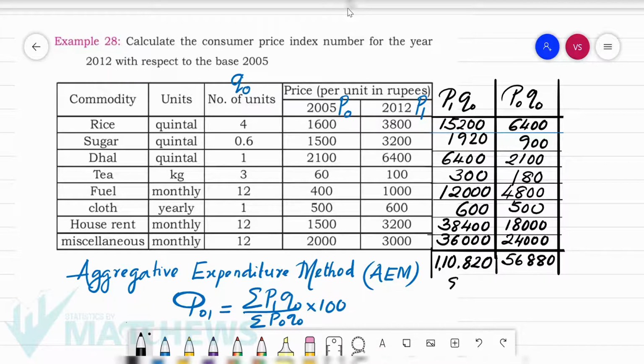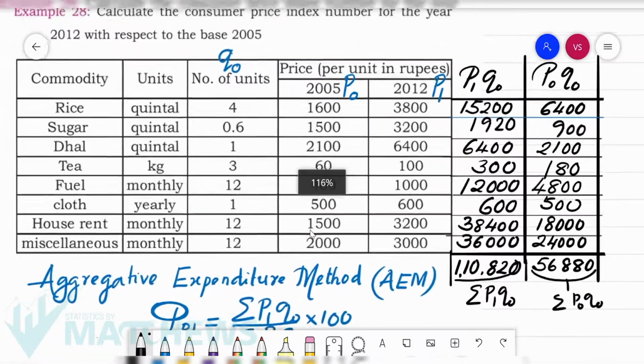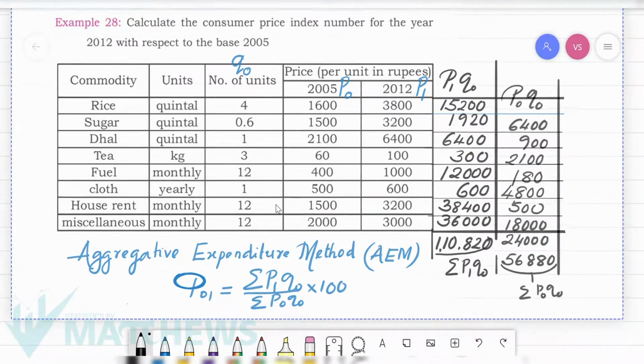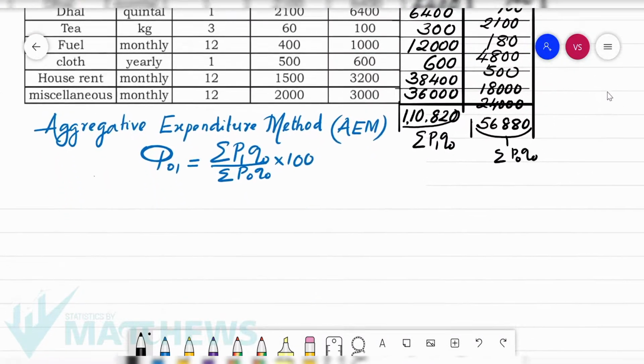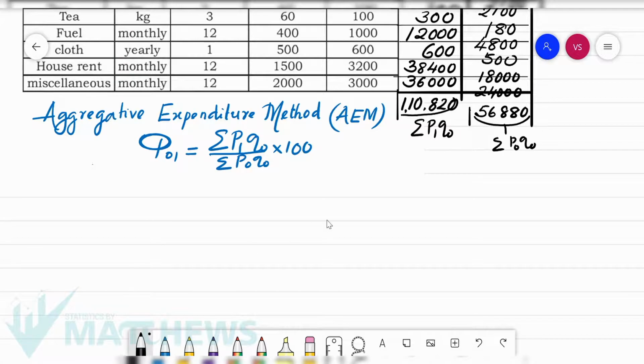So what is this? This whole thing is summation P1 Q naught, and this is summation P naught Q naught, students. Okay, so we have these two values. Now when we go about solving this problem, we can apply this formula.